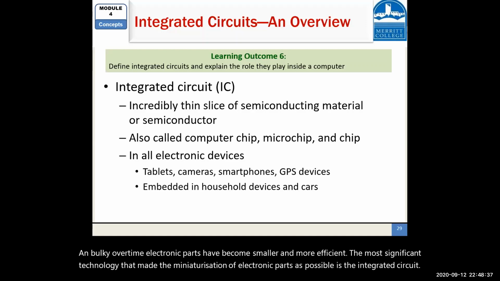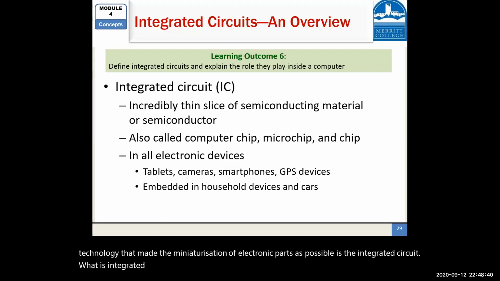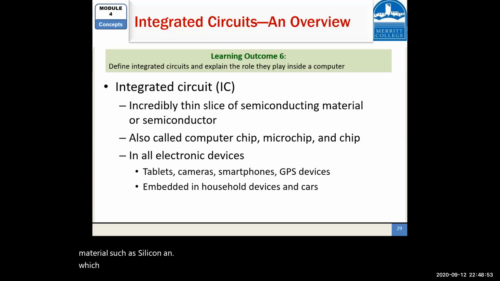What is an integrated circuit? An integrated circuit, IC, is a very thin slice of semiconducting material, such as silicon, which is packed with microscopic circuit elements. These elements include wires, transistors, logic gates, and resistors, and are used to create miniature electronic parts and pathways.